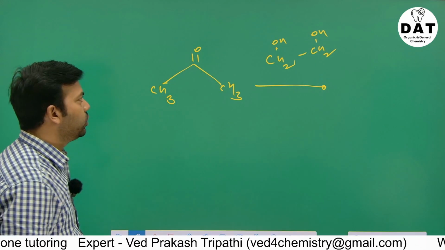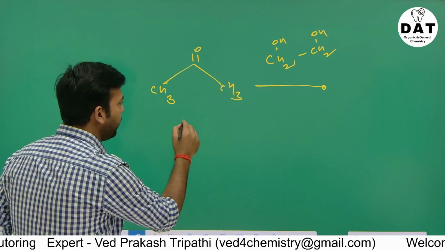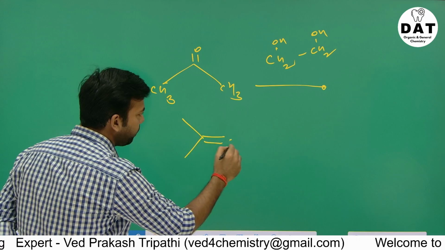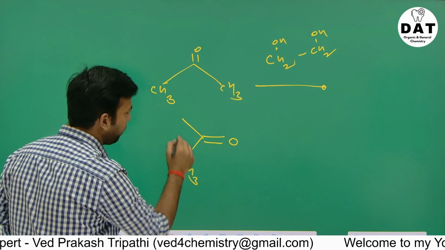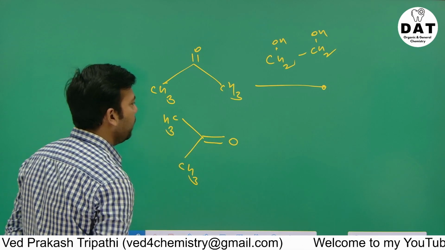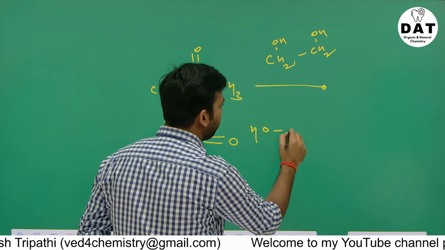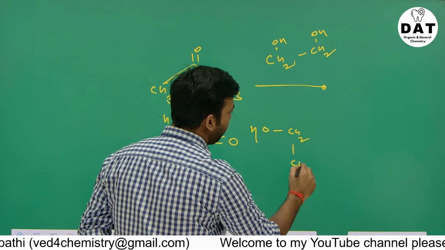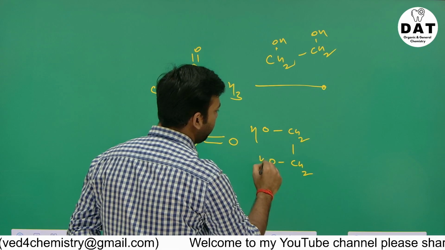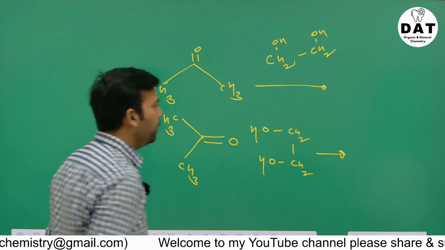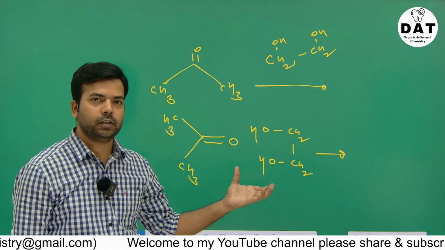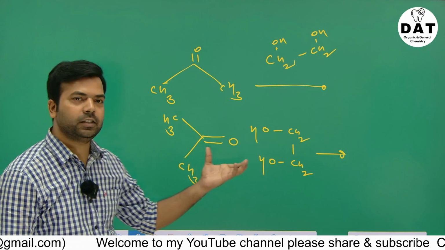Clear? So simple thing is that suppose you can write ketone in this way and we have this diol in this way. Clear? Whenever you have such a type of thing, always connect in this style.